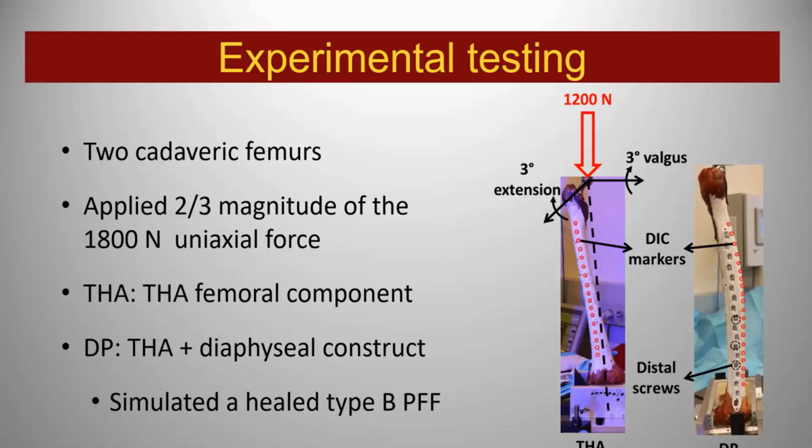We had two tested configurations, which include a THA alone, which is the cadaveric femur implanted with a THA femoral component alone, as well as a THA plus a diaphyseal construct, which actually simulated a healed type B periprosthetic fracture.